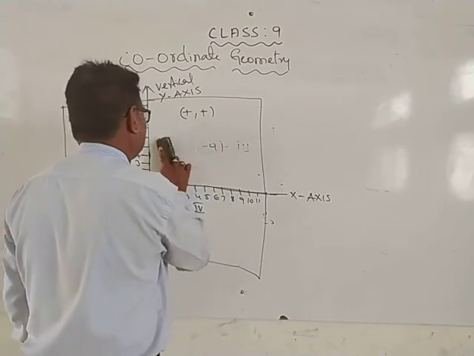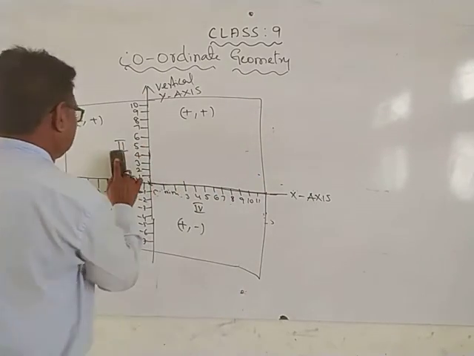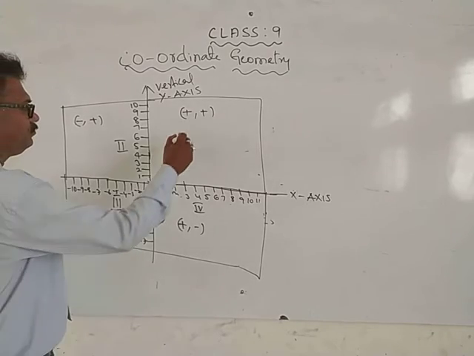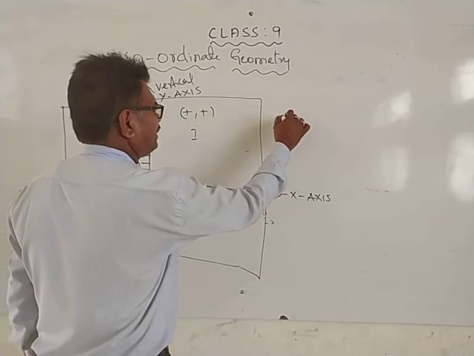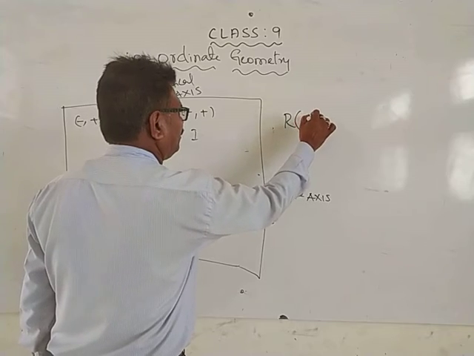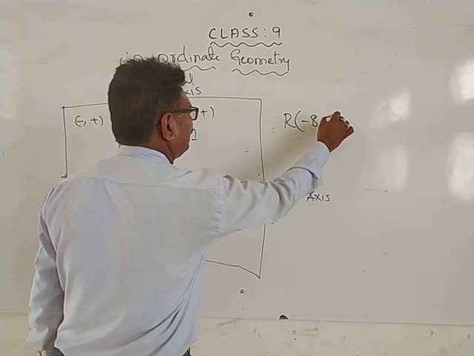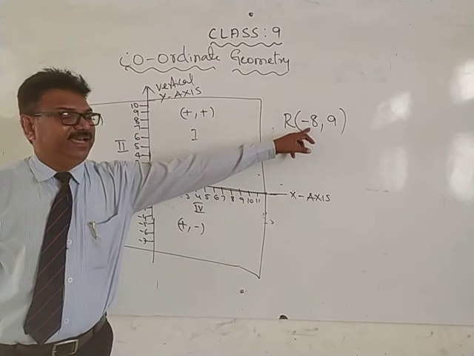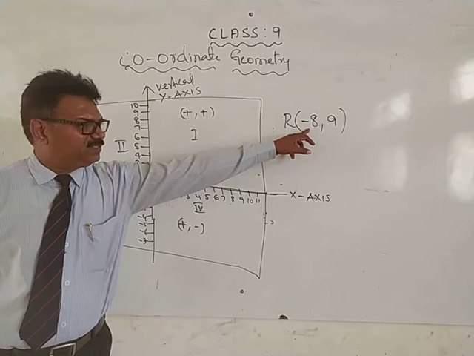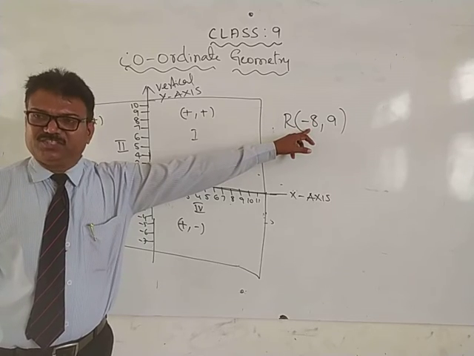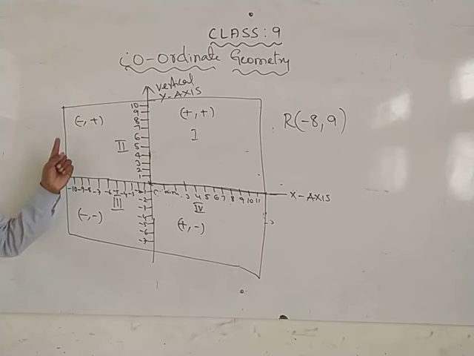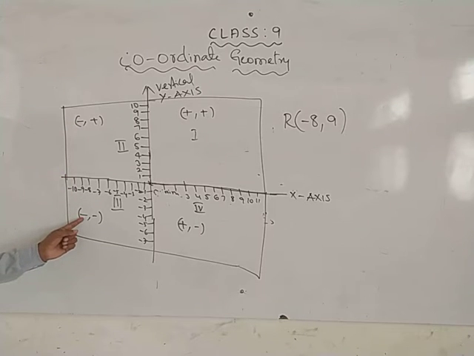Now one more question. For example, R(-8, 9). First, which value is it? The x value. Minus means either the second quadrant or the third quadrant.